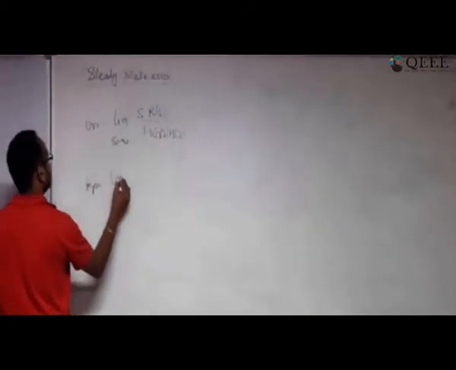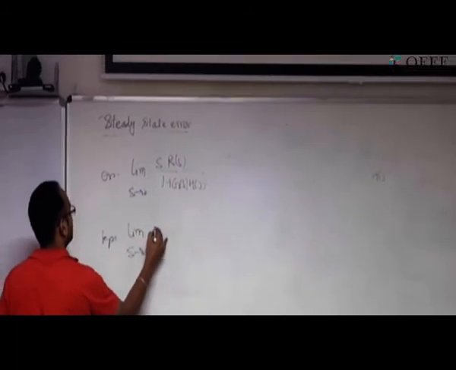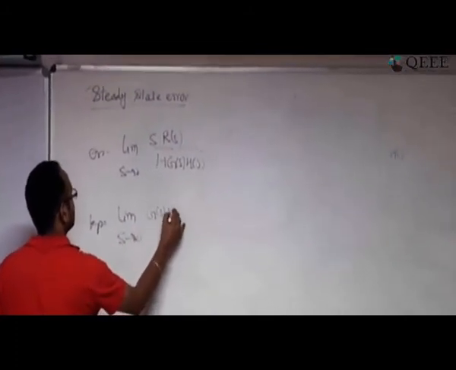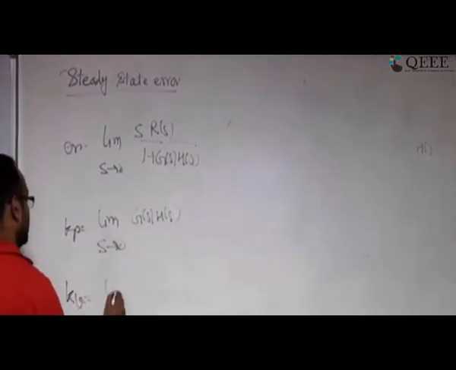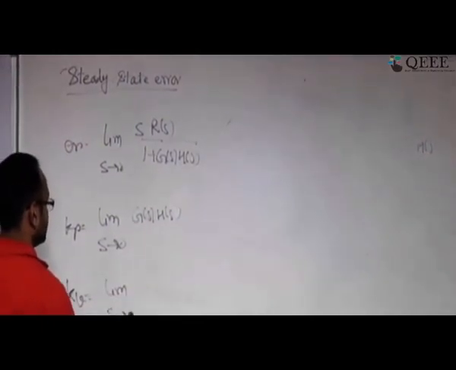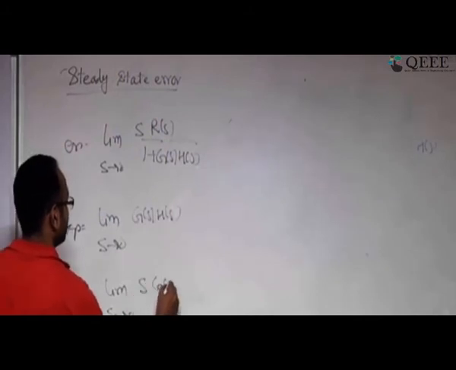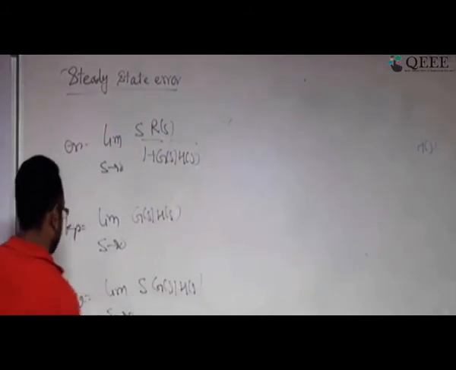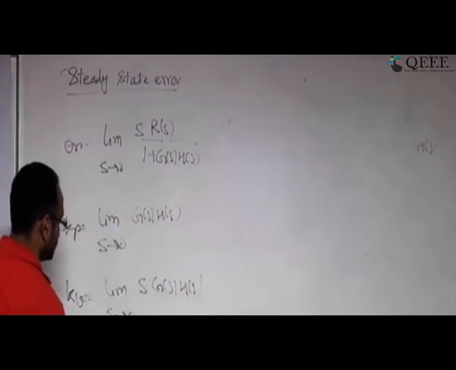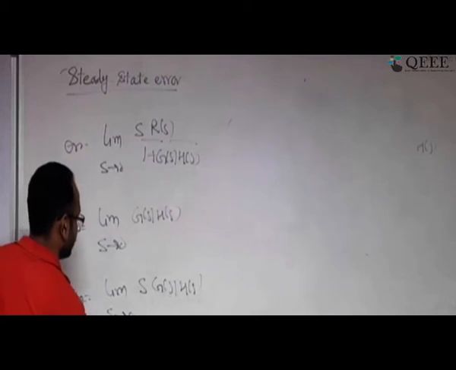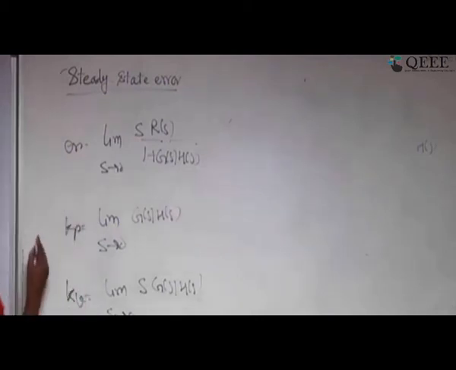So here I am just writing it. Your Kp is limit s tends to 0 of G(s)H(s). Kv is limit s tends to 0 of s G(s)H(s), and Ka is defined as limit s tends to 0 of s square G(s)H(s). These are the position error constant, velocity error constant, and acceleration error constant.